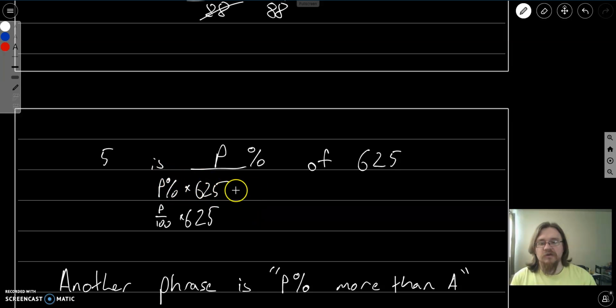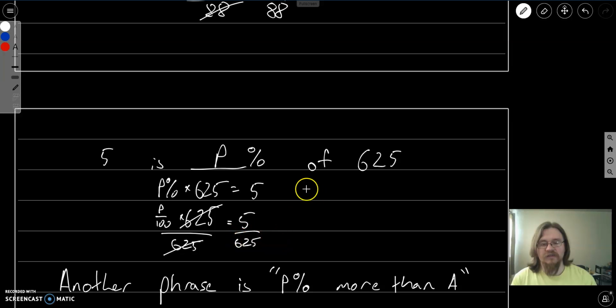P percent of a number, we know that that's going to be 5 from our statement up here. So this is going to be 5. So what I'll do is I will divide both sides by 625. Again, I'm multiplying by 625. To get rid of that, I need to divide by 625. And whatever I do to one side, I have to do to the other.